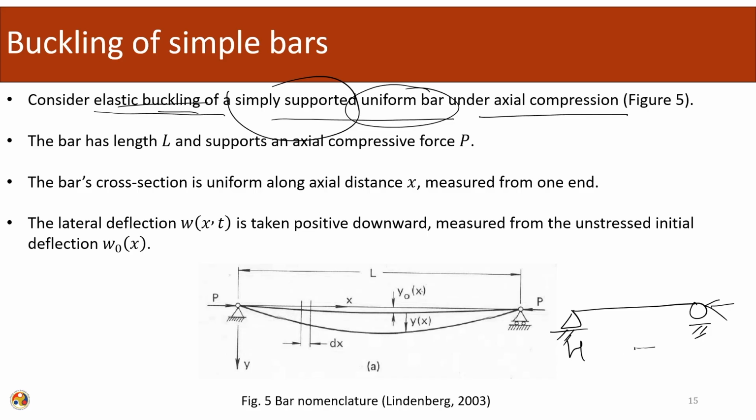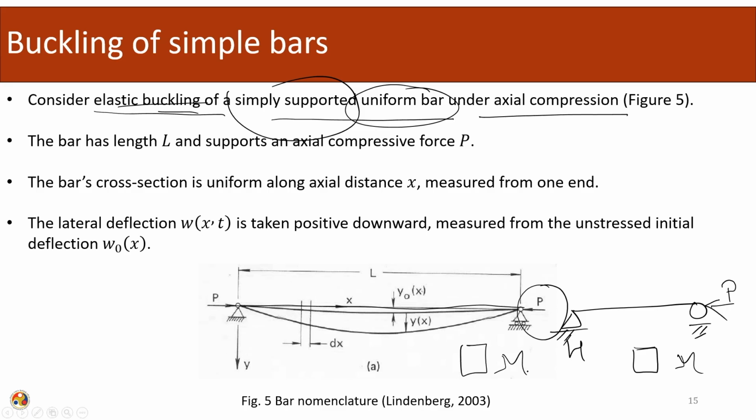It means that the cross section is the same and the material is the same, and we are looking at this phenomenon under axial compression. So, we are applying the load P as an axially compressive load. The case is simply supported, uniform cross section and same material.